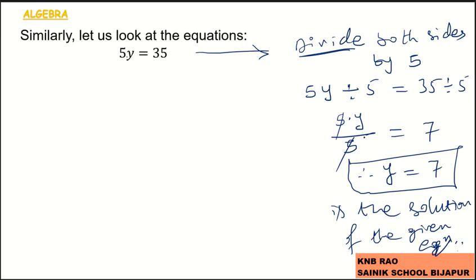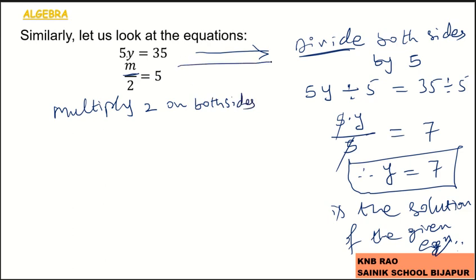So, children, this is how we solve. Now, suppose you are given another equation such as m by 2 equals 5, which operation will you do? Here we will multiply, because there is a division, and the reverse operation of division is to multiply by 2 on both sides.